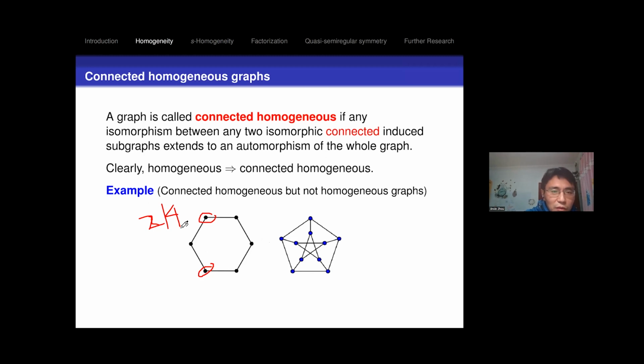Also, this U and W also induce a disconnected graph 2K_1, but there exists no automorphism of the cycle of length 6 that can send UV to UW. So this graph is not homogeneous, but it is connected homogeneous. And similarly, we can prove the Petersen graph is connected homogeneous, but not homogeneous.